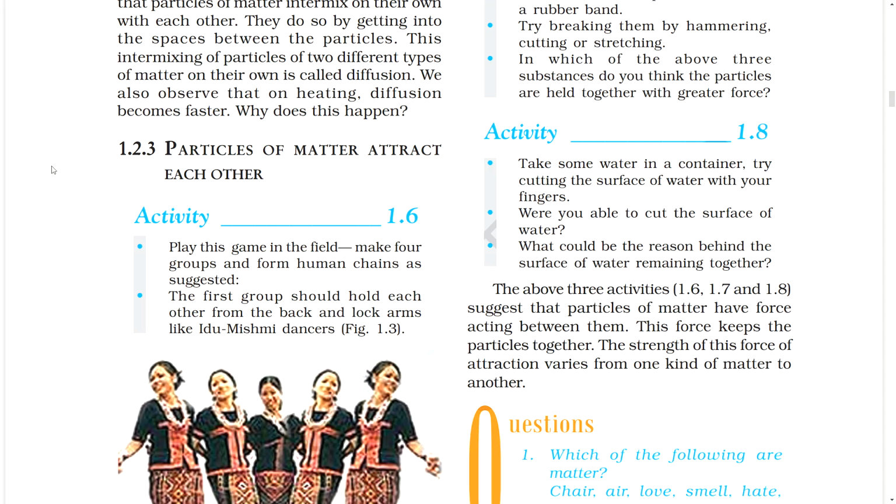Particles of matter attract each other. Activity. Do this. Play this game in the field, make 4 groups and form human chains as suggested. The first group should hold each other from the back and lock arms like Idu Mishmi dancers.